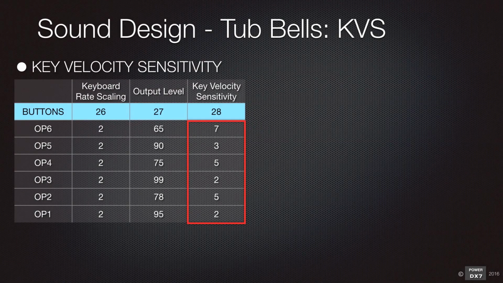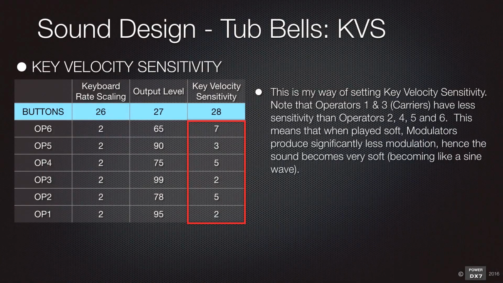I'm showing this table as an example of how I will set key velocity sensitivity. Note that operators 1 and 3 have less sensitivity than operators 2, 4, 5, and 6. This means that when you play soft, modulators produce significantly less modulation, hence the sound becomes very soft.